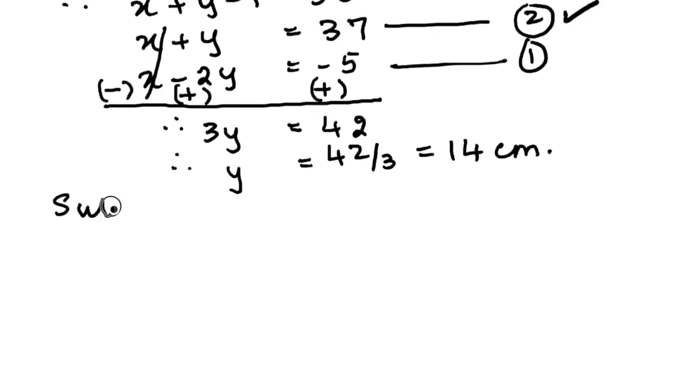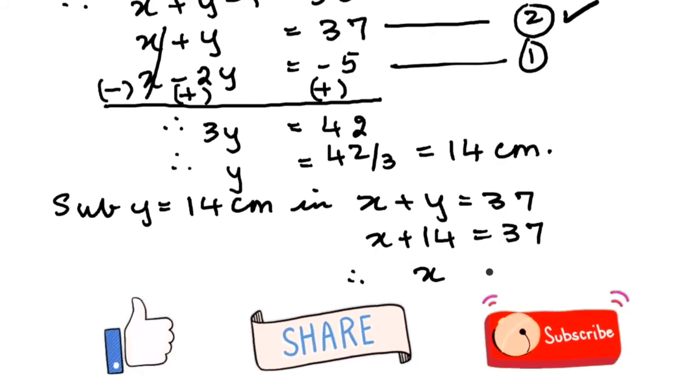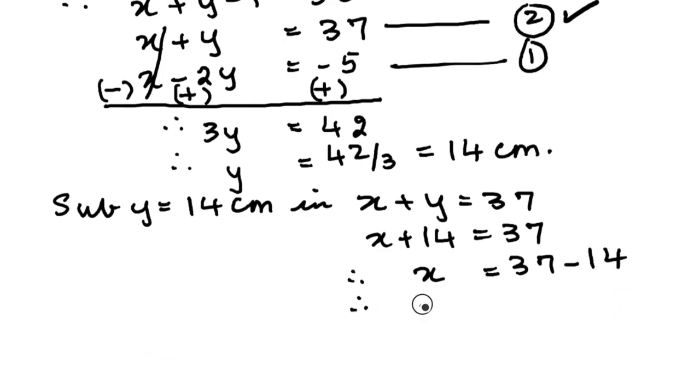Then we will substitute y equal to 14 centimeter in x plus y equal to 37. So that will give us x plus 14 equal to 37, and so therefore x is equal to 37 minus 14. Therefore x is equal to 23 centimeter.